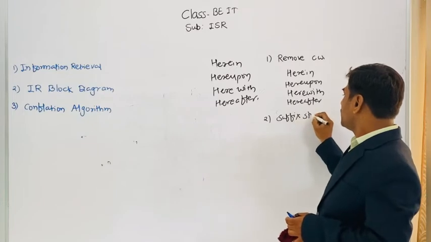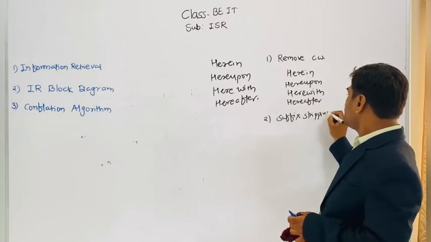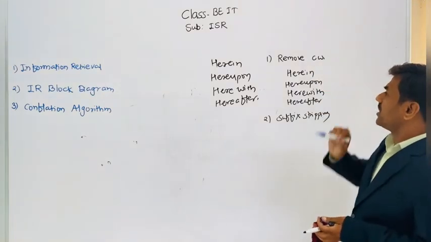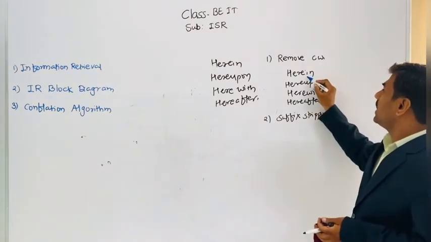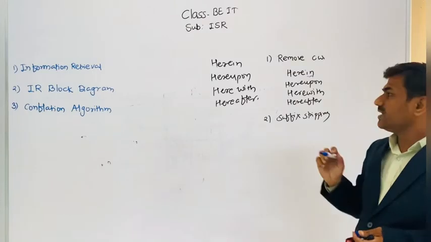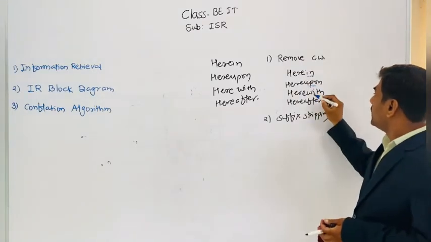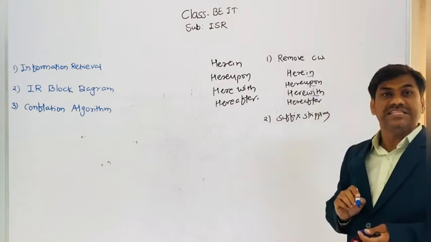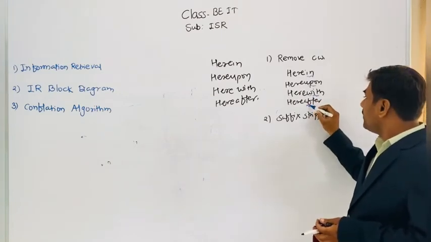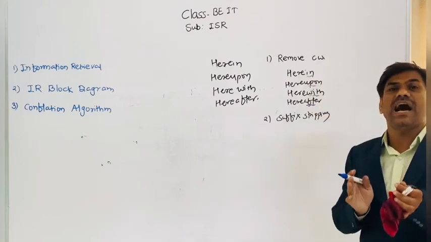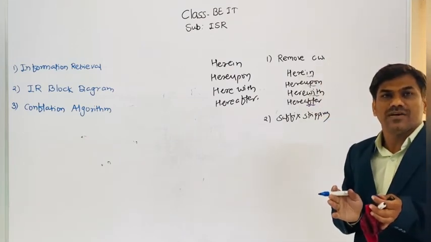Second step is suffix stripping. Now see, this is the output of the first step. Which are the suffixes? In is a suffix. Upon is a suffix. With is a suffix. After is a suffix. So these suffixes we are removing.